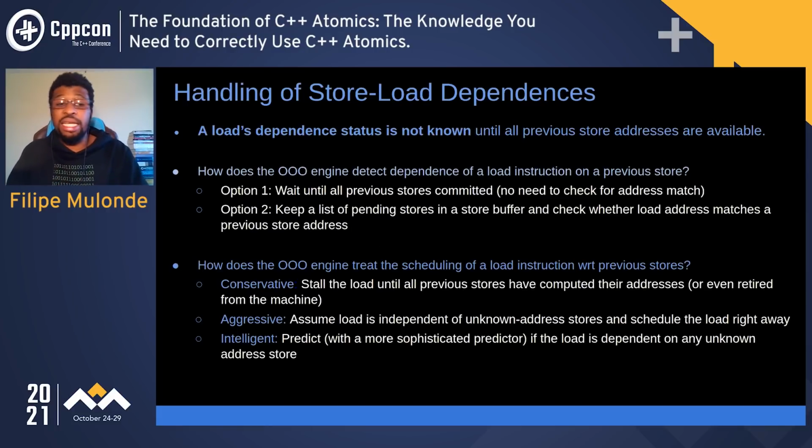So the next question is, how does the out-of-order engine treat the scheduling of a load instruction with regard to previous stores? Here we have 3 approaches. First, the conservative approach is to stall the load until all previous stores have computed their address, or even retired from the machine.